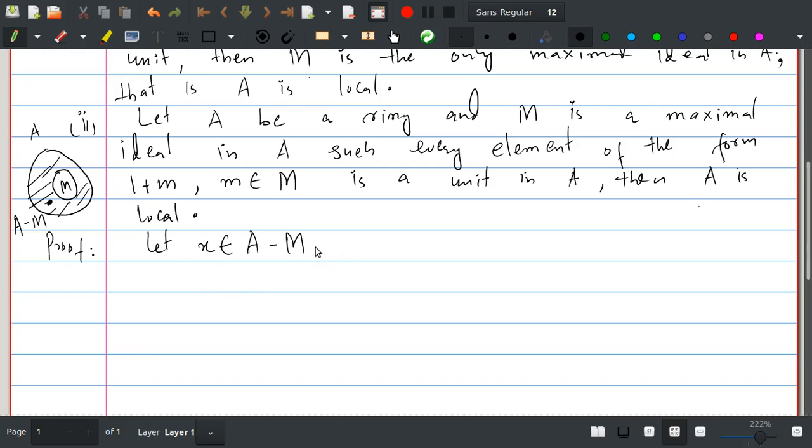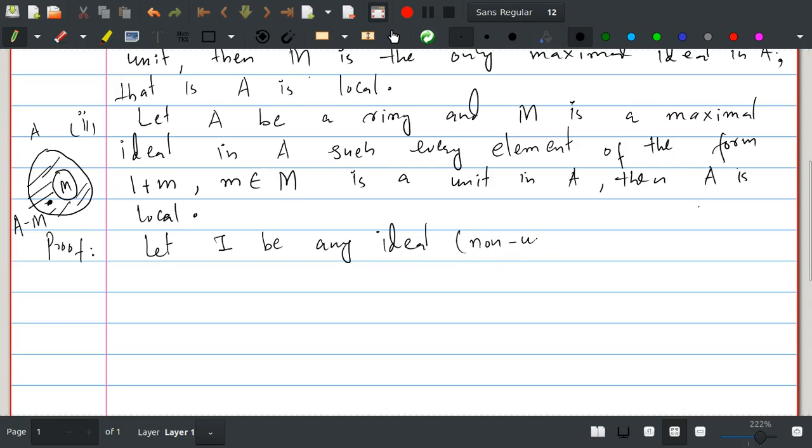Let us do it this way. Let I be any non-unital ideal in A. Now I being a non-unital ideal means the only elements in I are non-units.